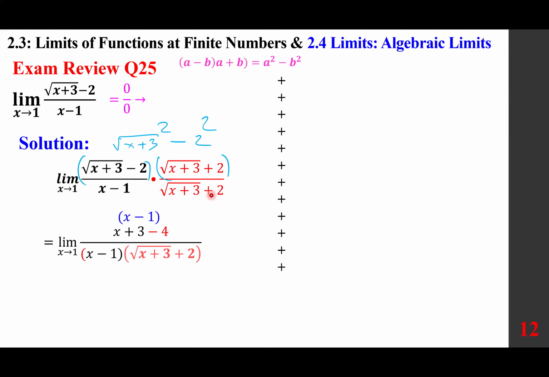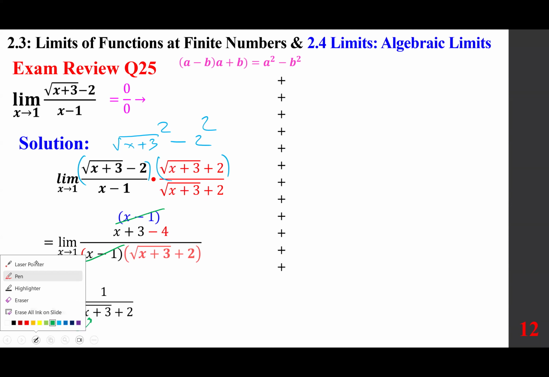We keep it as a product. Therefore, the common factor of x minus 1 will be dropped. And now if you plug in 1, 1 and 3 is 4, square root of that is 2, 2 and 2 is 4, so 1/4 is the final answer.